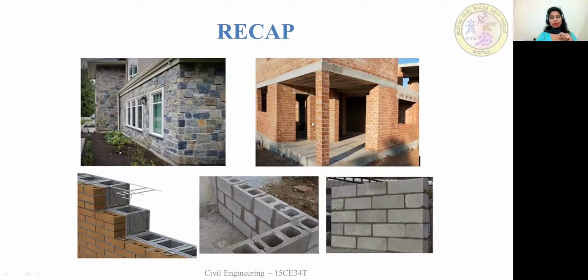If we use brick as a construction material, then it is known as brick masonry. If we use precast concrete blocks, either hollow or solid, it is known as hollow or solid block masonry. And finally, composite masonry: if the wall is constructed using two or more materials, then we call it composite masonry.